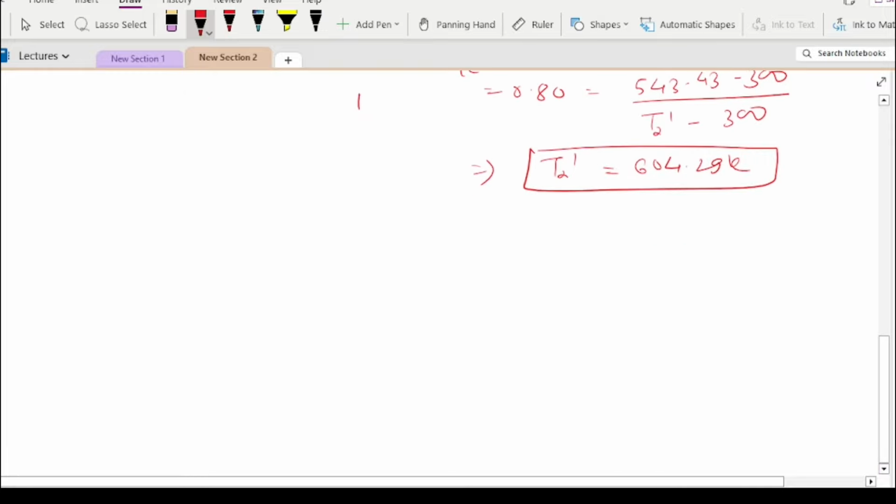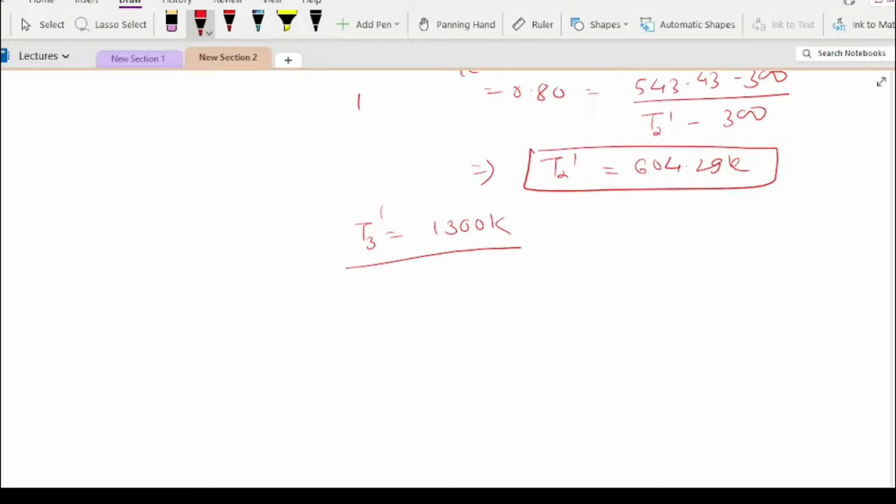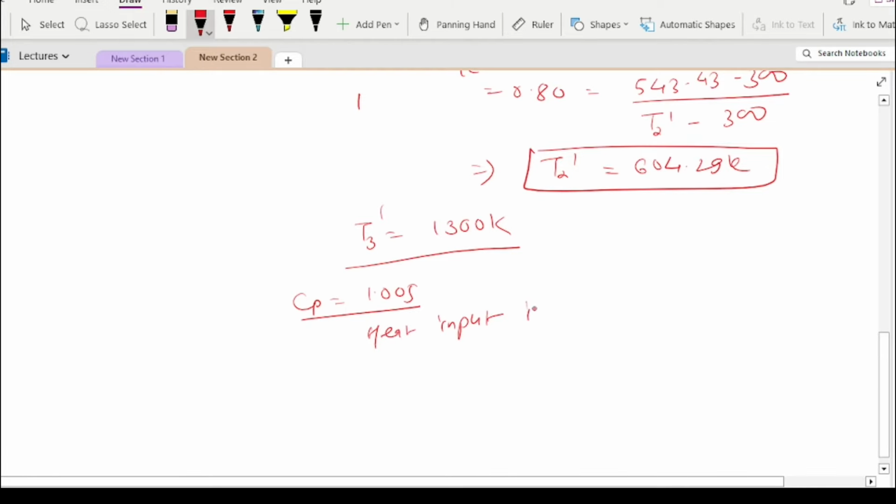Now T3 dash, that is the inlet to the gas turbine, has been given as 1300 Kelvin. Taking Cp as 1.005, we can determine the heat input in the combustion chamber. That is, Q in is given by Cp, 1.005, into T3 dash minus T2 dash.